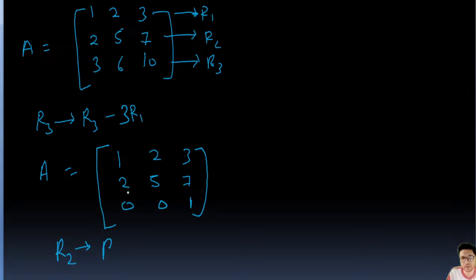Now this element we have to make 0 so that we can convert this into an upper triangular matrix.